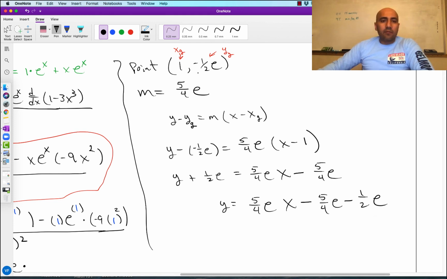So we need a common denominator. Let's make it 4. So we multiply this numerator and denominator by 2. We'll end up with a minus 5 minus 2 gives you a minus 7/4 e. And that's the equation of our line.